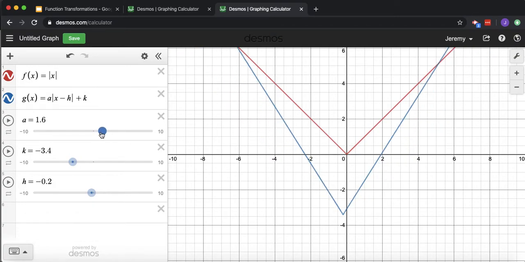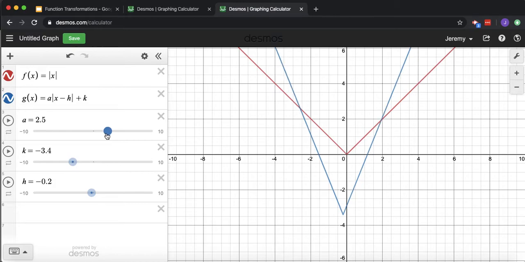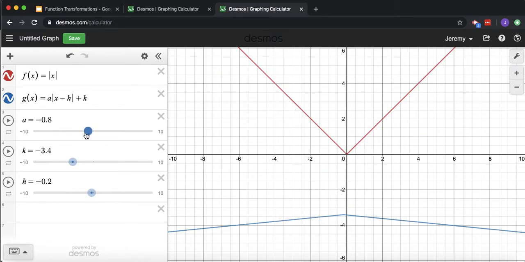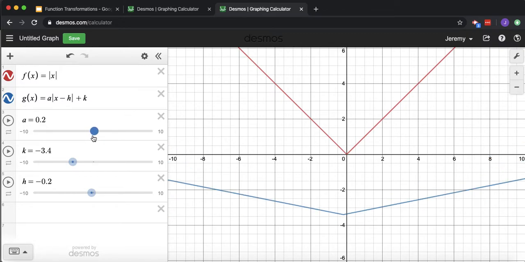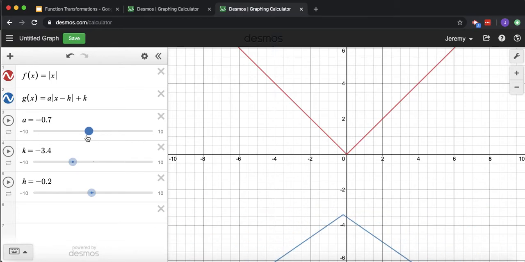As a increases above 1, we start to get a vertical stretch. When a is between 0 and 1, it causes a vertical compression. And when a goes negative, it causes a reflection of my graph across the x-axis.